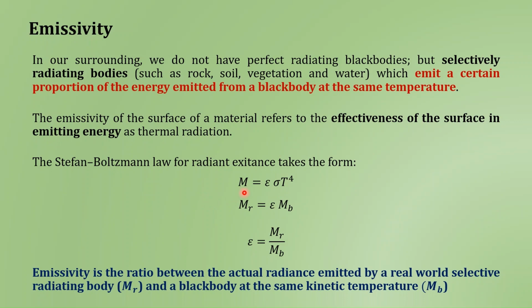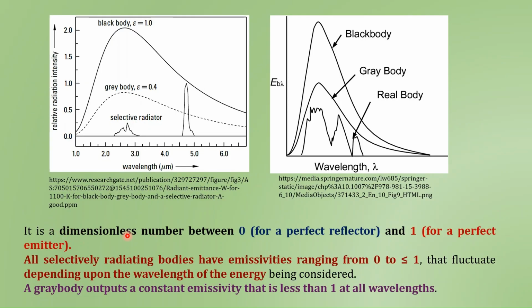If we represent the radiance emitted by a real world selective radiating body as MR, and for a black body as MB, we can rewrite the formula like this and define the emissivity as the ratio between the actual radiance emitted by a real world selective radiating body and the radiance emitted by a black body at the same kinetic temperature. Emissivity is a dimensionless number between 0 and 1. 0 is for a perfect reflector and 1 is for a perfect emitter.